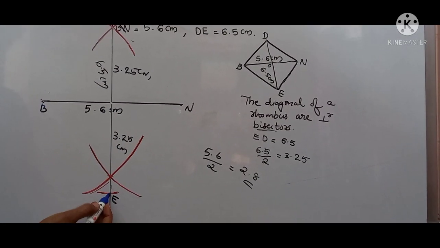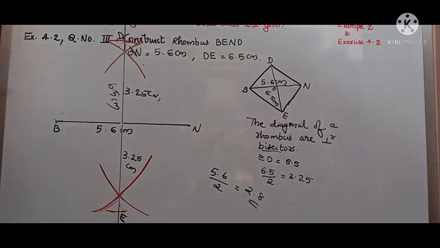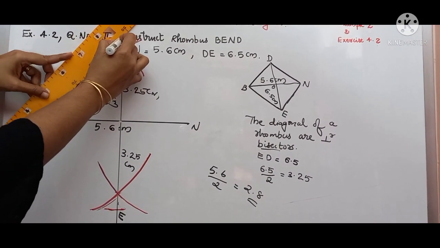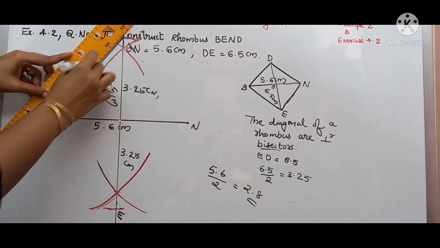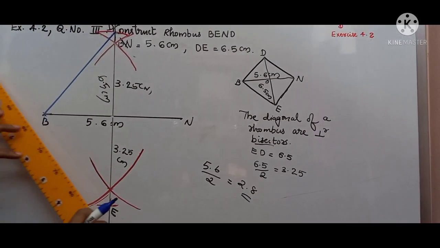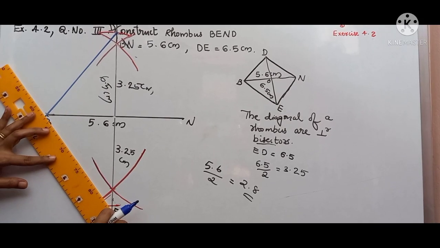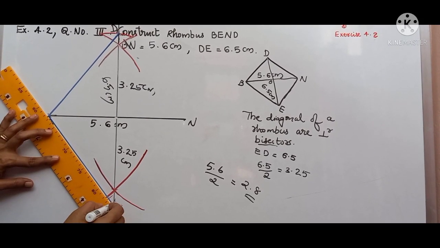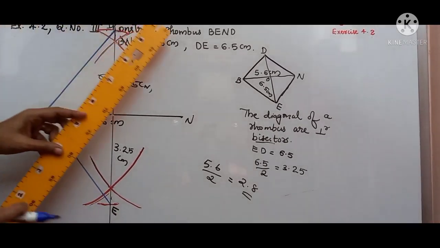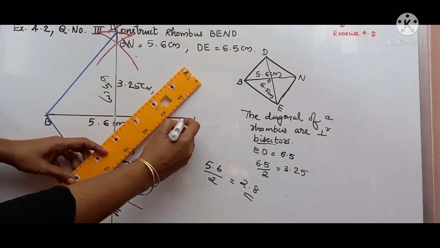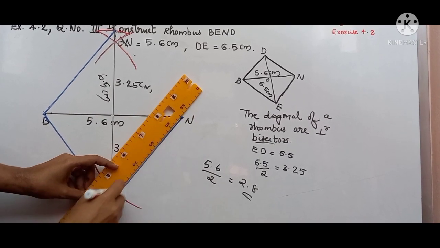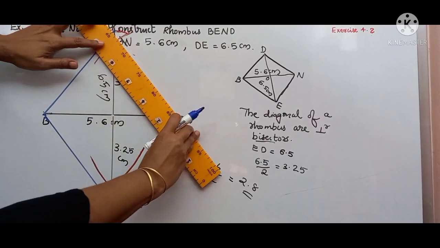This is the point E and this is the point D. Now we have to join these points DB, BE, NE, and DN.